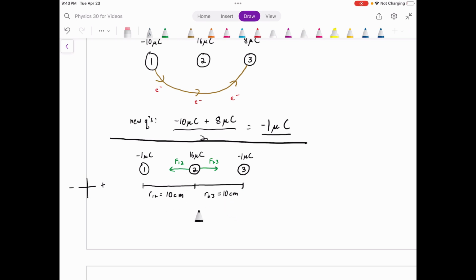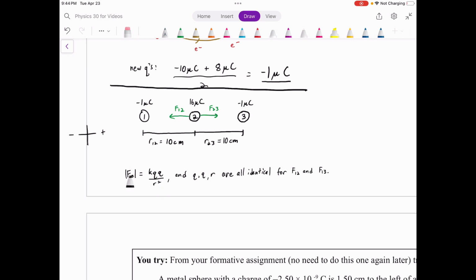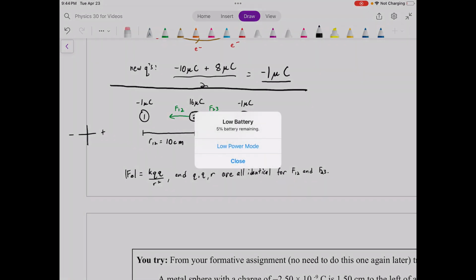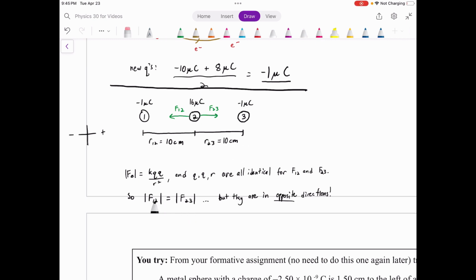We could say that the electric force is KQQ over R squared, and Q, Q, and R are all identical when we're calculating it for force 1,2 and force 2,3. Whoops, I said 1,3 there, 2,3, right? And then we could say that therefore the magnitude of this force is the exact same as the magnitude of this force.